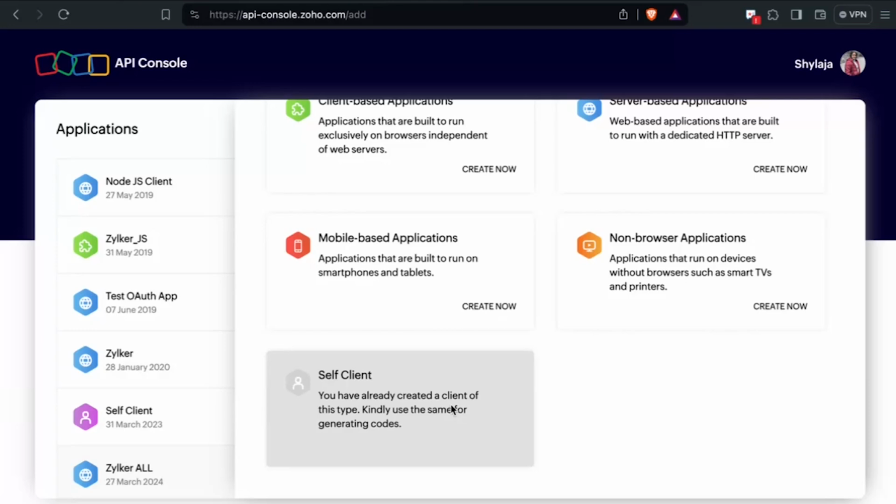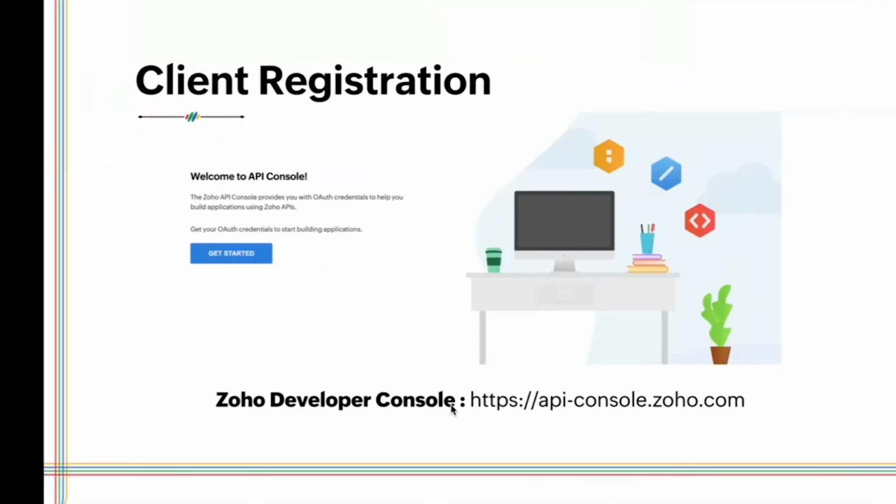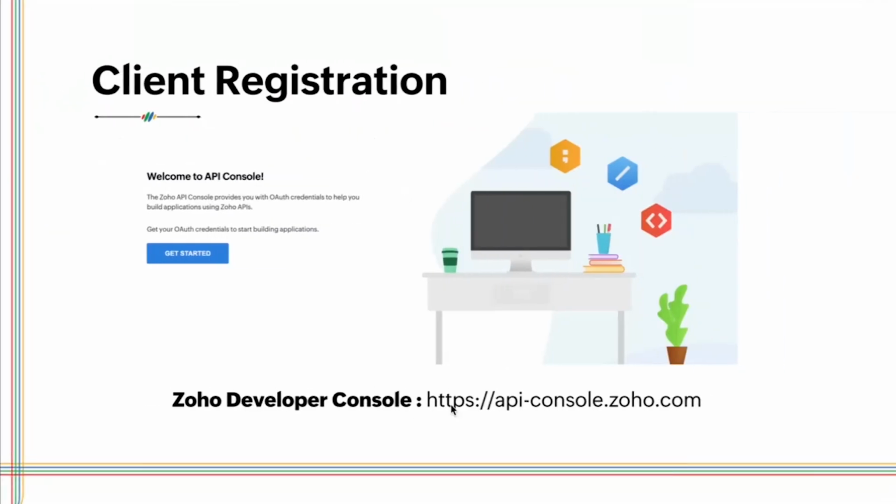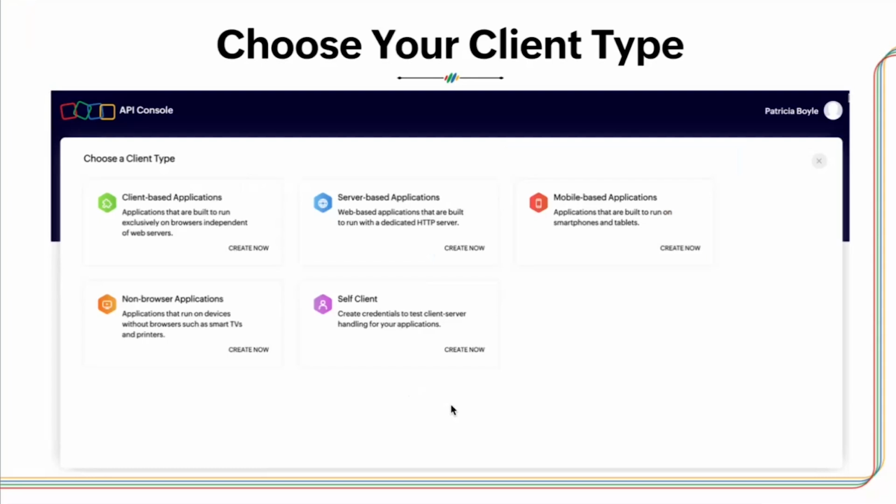Let's say your application predominantly just performs a back-end job, like a data sync at the end of the day. In such a case, you don't need access to multiple users' data. You will be the sole user of your application. In that case, you can choose self-client. So like I said, you register your client at the Zoho Developer Console, and then you choose your client type.